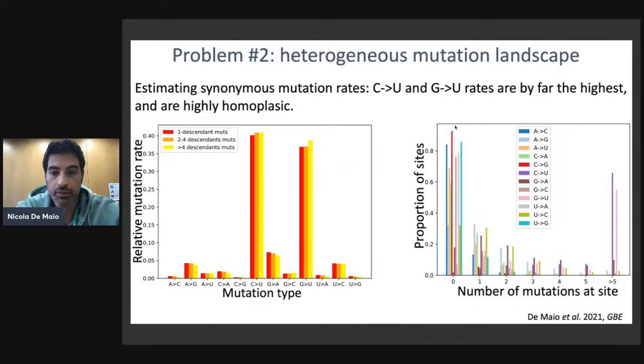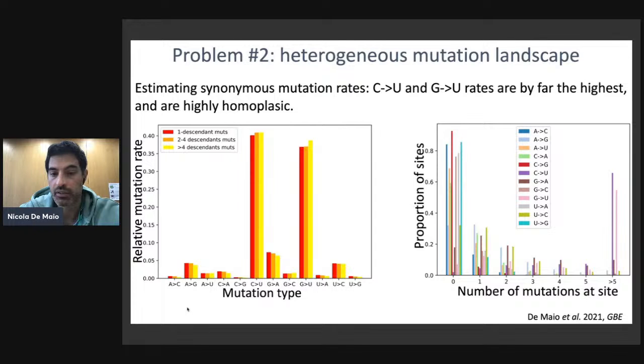So the second thing we looked at is the evolutionary process of the virus, how the virus is evolving in terms of mutations. And first we wanted to look at the neutral mutational patterns. So we focused just on synonymous mutations. And using a phylogenetic approach, we can basically count how many times each synonymous mutation happens on the phylogeny.